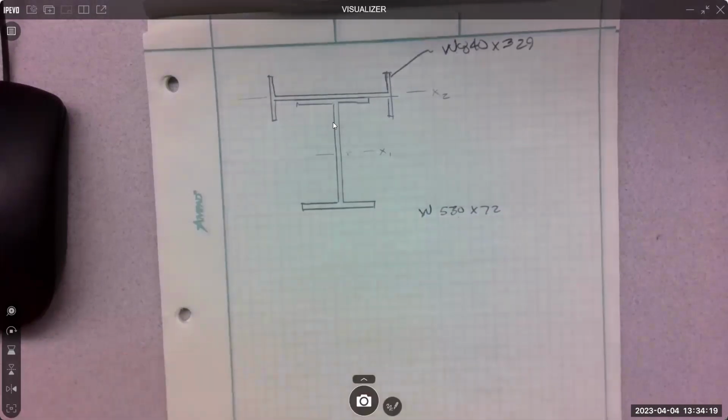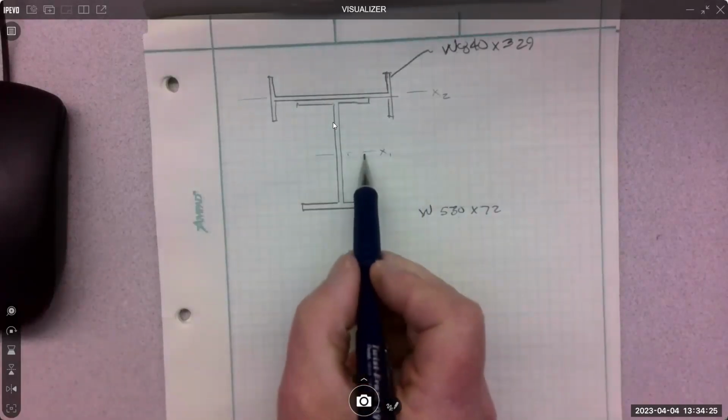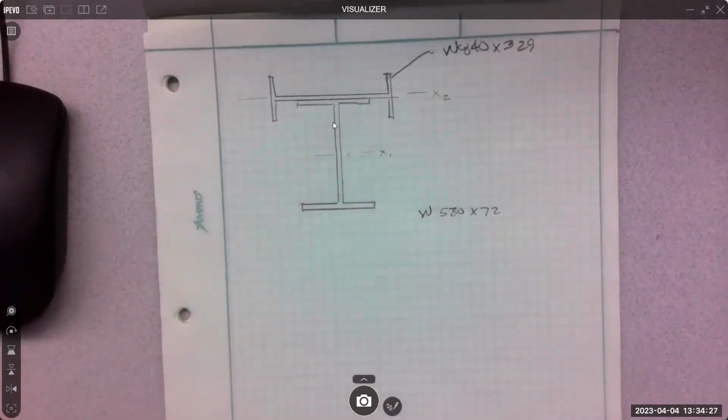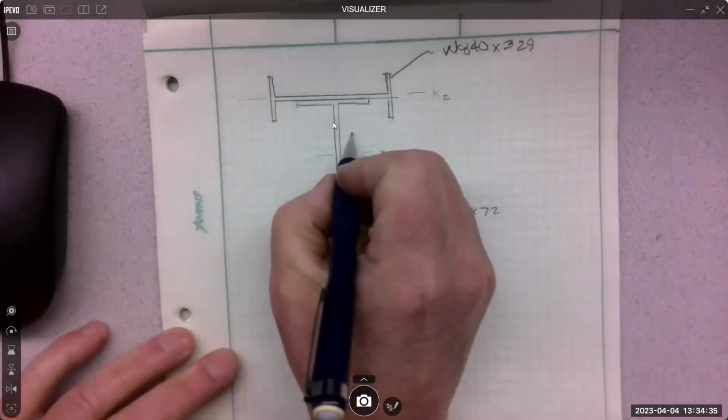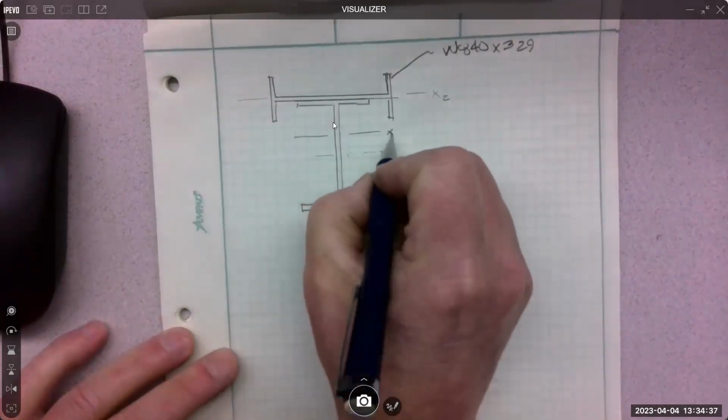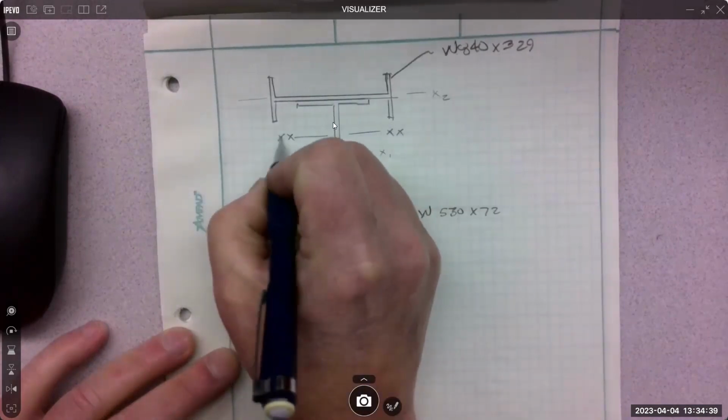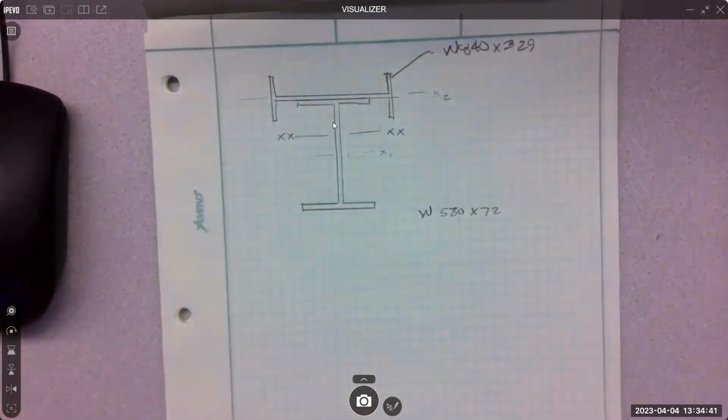Where do you think the combined x-axis is? Is it higher than this or is it lower? Definitely higher. We've added a whole bunch of mass to the top, right? So the combined axis that we're looking for is this, and I'm going to make it an XX axis. That's the centroidal axis of this complex shape.